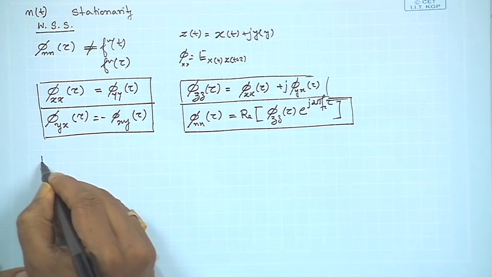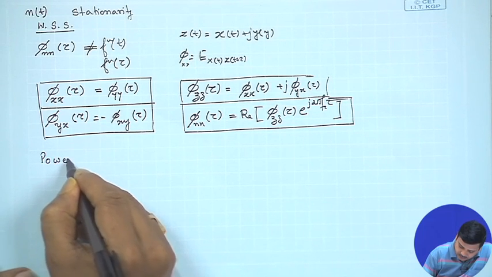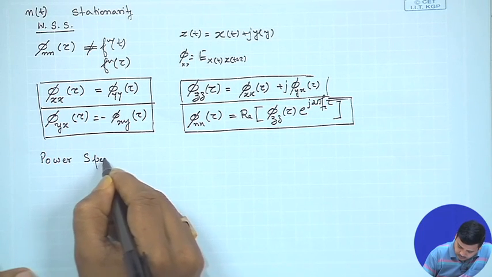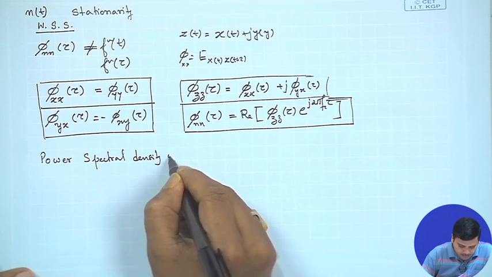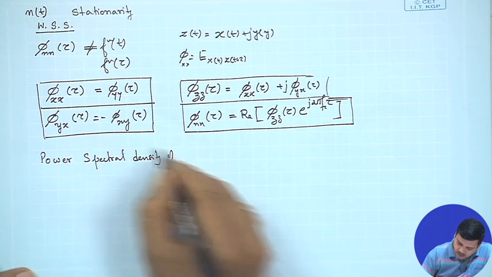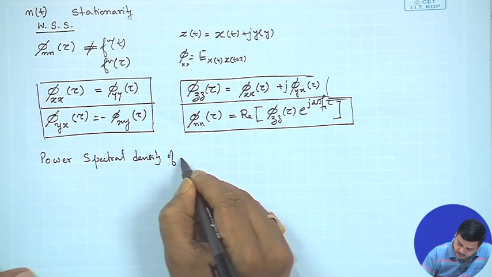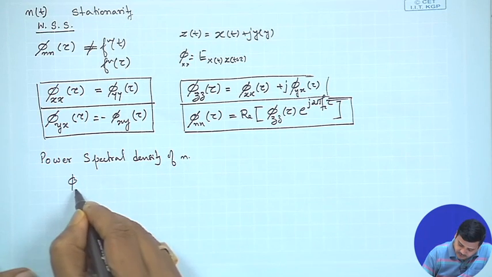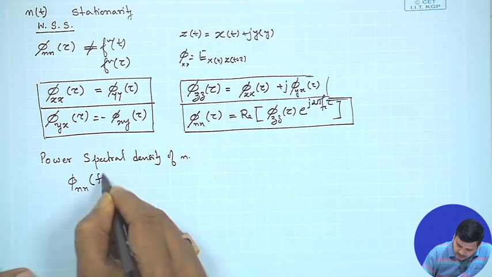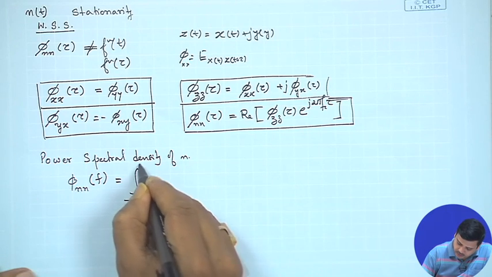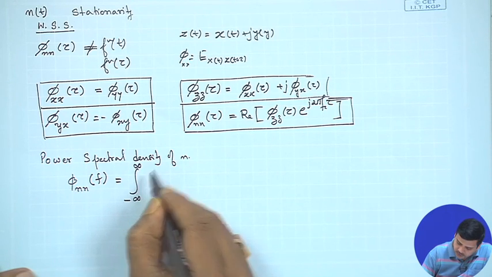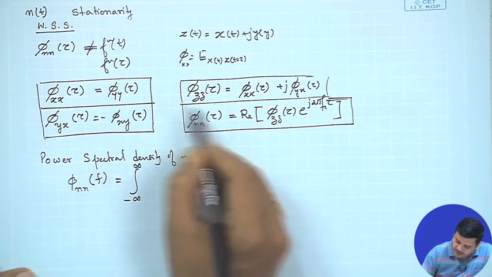So what we will be studying is the power spectral density of this noise n(t). We will be getting phi_n of f through the Fourier transform of phi_n of tau.